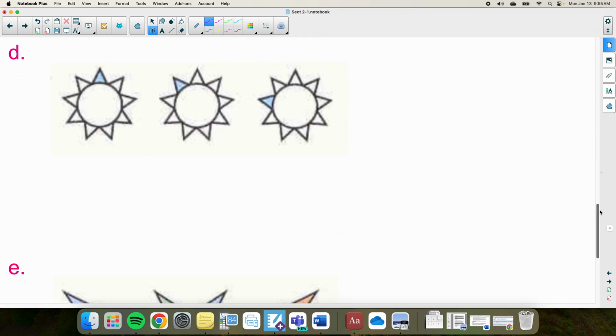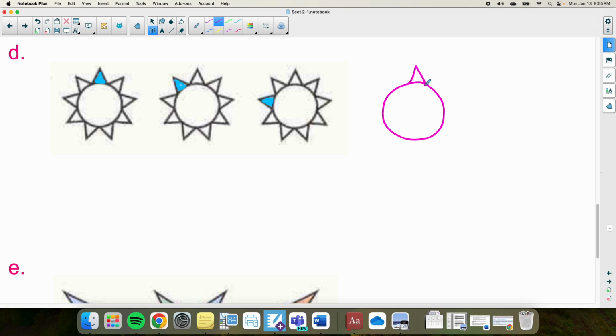Now here, this might be a little hard for you guys to see, but this is blue. This is blue. And this is blue. Okay, so we're gonna draw the next figure, which is going to be a circle. And then notice it has a triangle on top.